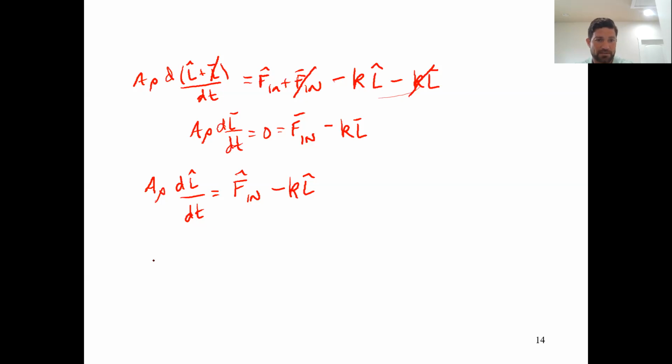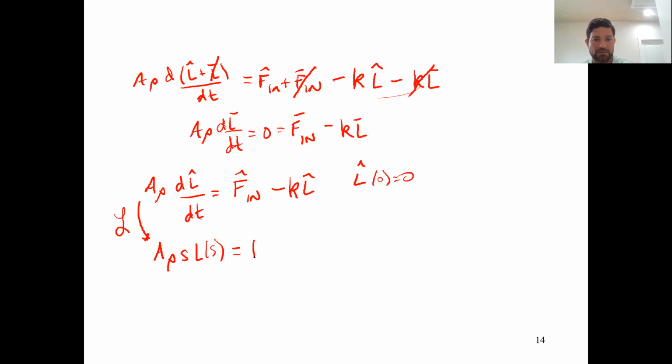Okay, so now we take the Laplace, and remember the initial condition of L equals 0. So now I'm taking the Laplace. I'm going to have A rho S times L in the Laplace domain. I'm dropping the hat because I know now in the Laplace domain it has to be deviation variable form.